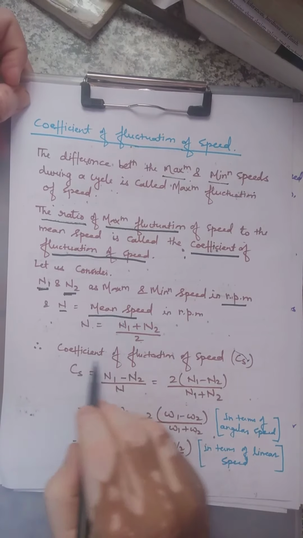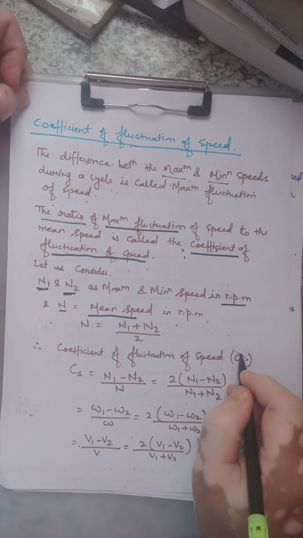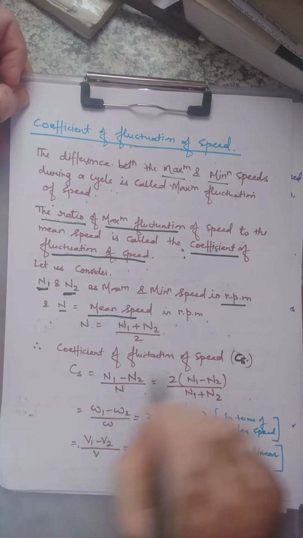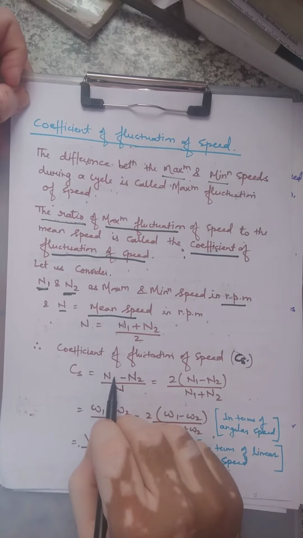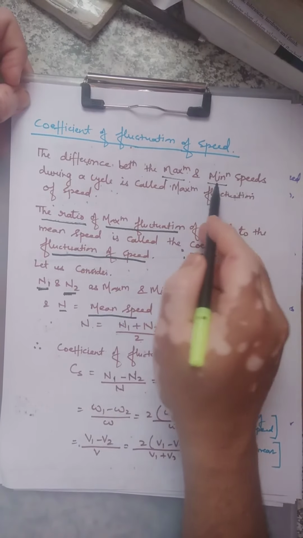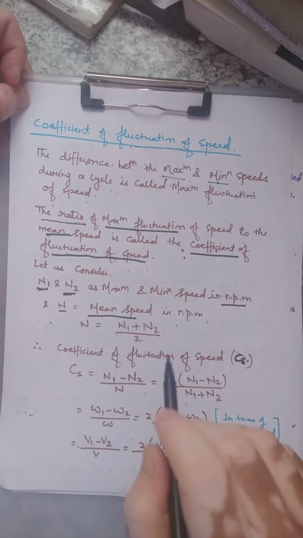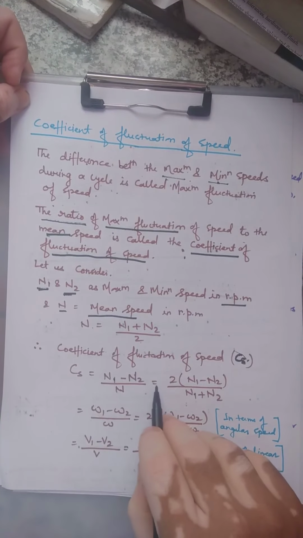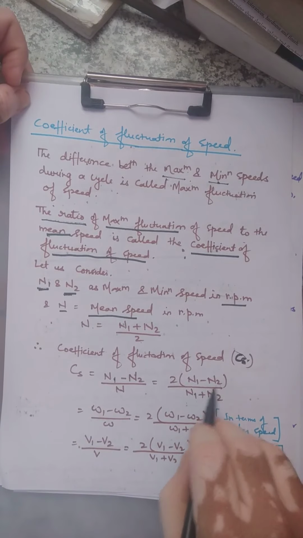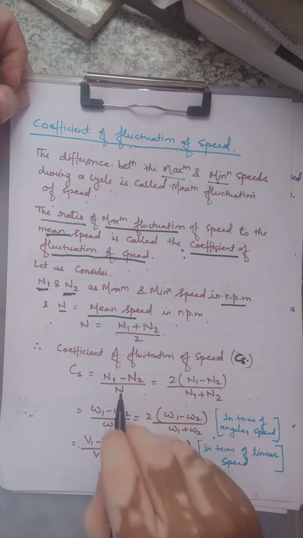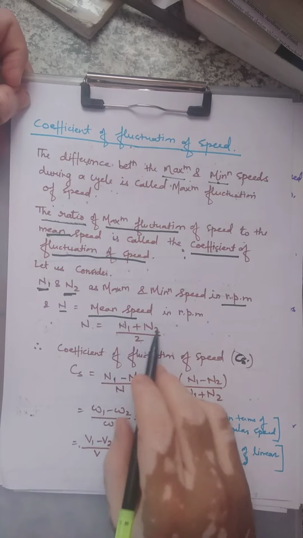Now the coefficient of fluctuation of speed CS is N1 minus N2, maximum minus minimum, divided by N, the mean speed, which is equal to 2 into N1 minus N2 divided by N1 plus N2. Why? Because N is equal to N1 plus N2 by 2.